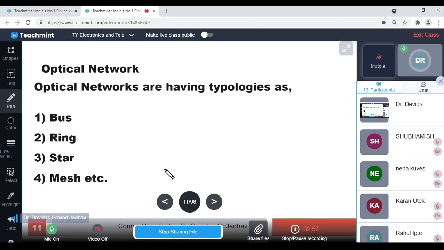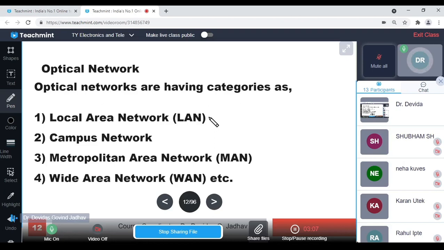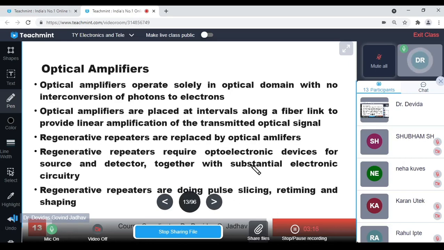So that is the router. Then network topologies are bus, ring, star, mesh. Then local area network categories are LAN, campus network, MAN, WAN. These all you have studied in computer network or data communication.